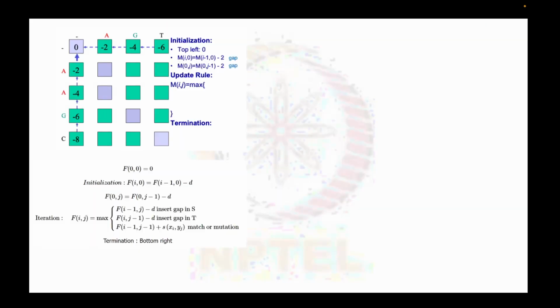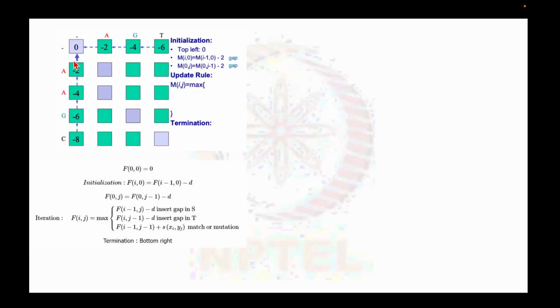So now I have started with the initialization step. Here I have used a gap score of -2. Initially we align the sequences with gaps. The first step of initialization is assigning the first cell 0, then aligning with the gap in both directions.